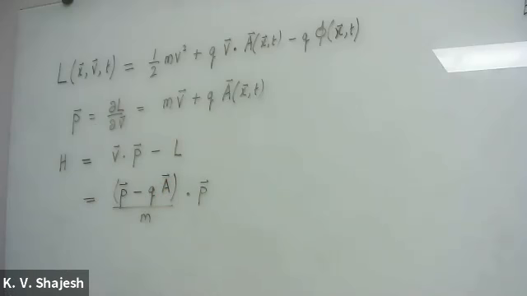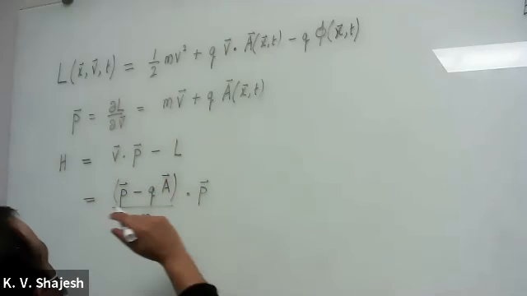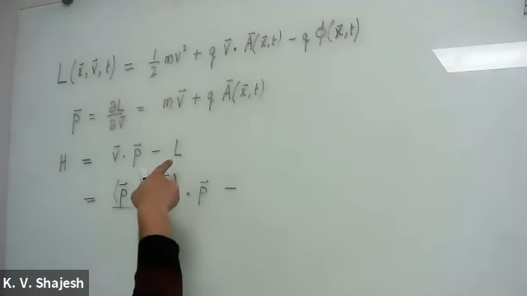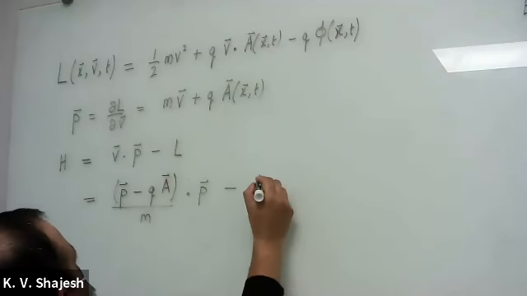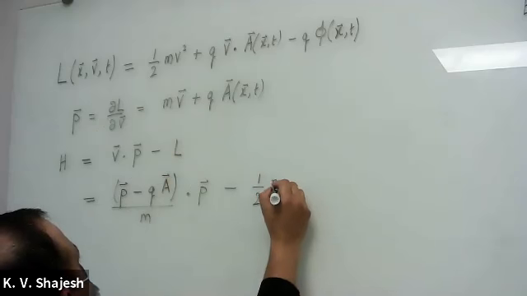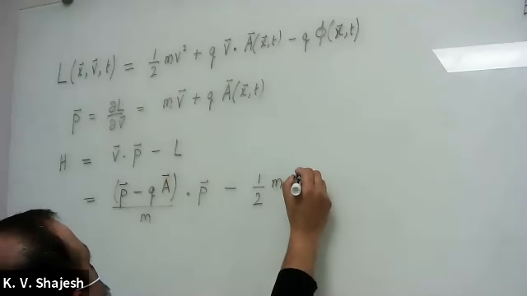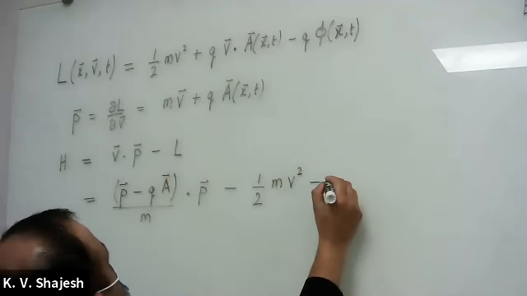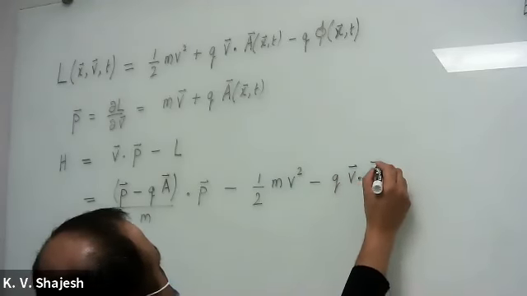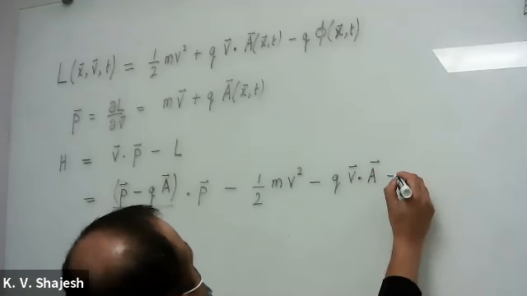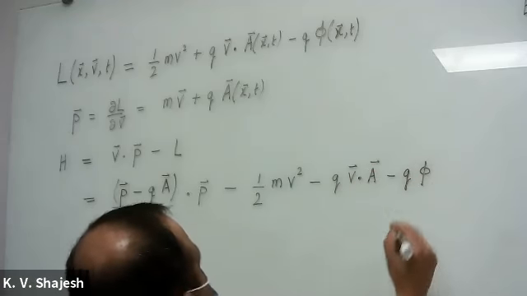It seems like it's taking an odd construction here, but let's go back to our Lagrangian L, right? So that's half mv squared plus q v dotted with A, minus q times phi.